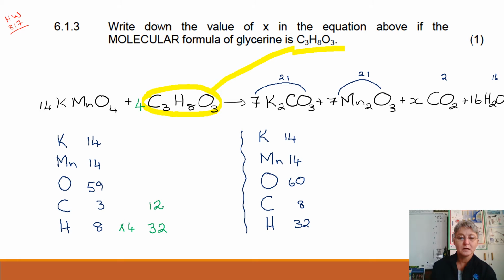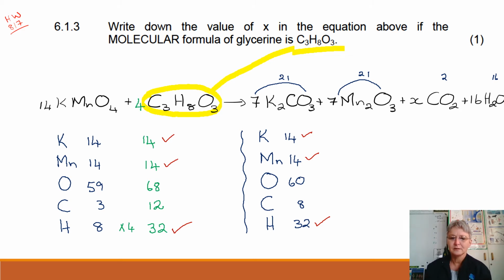And 4 times 3 for oxygen is 12 plus the 14 times 4, that makes it 68 atoms of oxygen. We remain with 14 manganese and 14 potassiums. That's balanced, that's balanced, that's balanced. Now we need to balance the oxygens and the carbons.